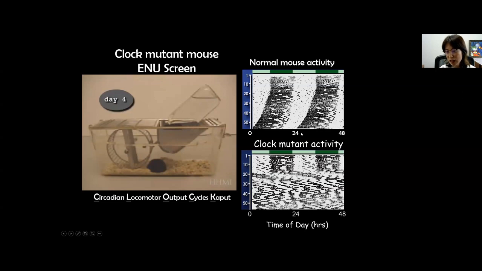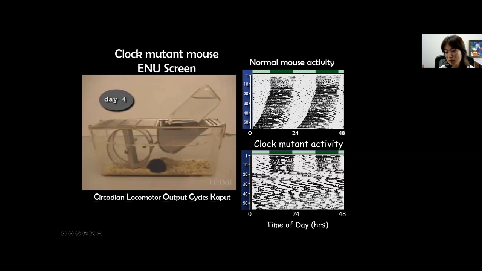So here is the Clock mutant mice activity. As you can see from here, for the first 2 weeks of LD entrainment, they entrain to the light-dark cycle pretty well, but as soon as you turn off the light, they start showing a very long period. Basically, it looks like they're getting up late every day because their clock period is way longer than 24 hours. They actually have a 26-hour endogenous period.